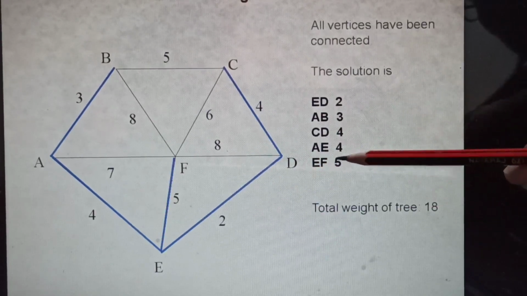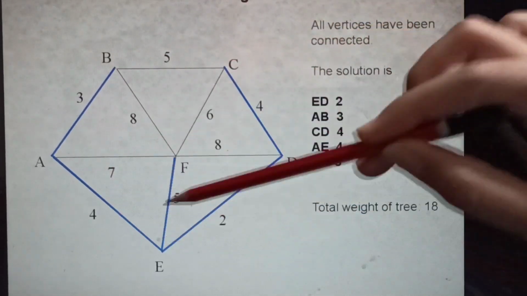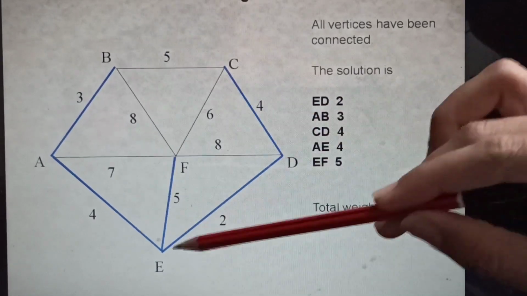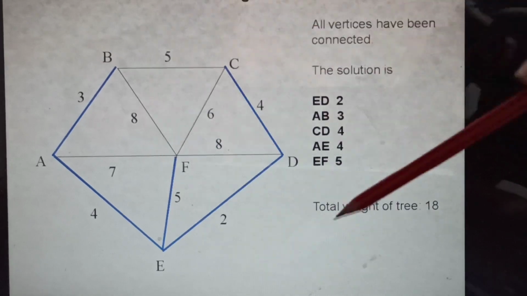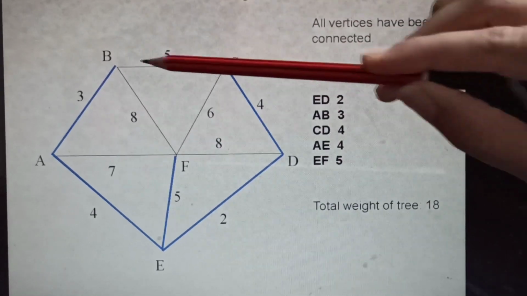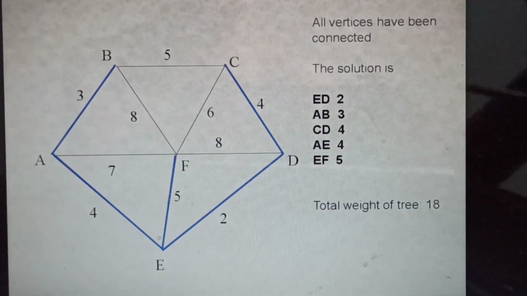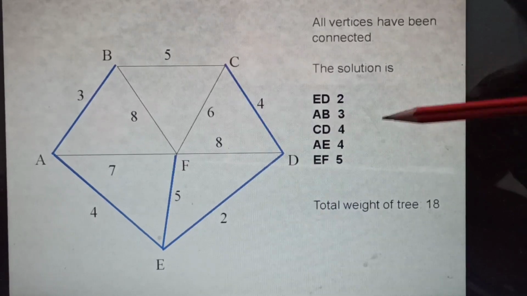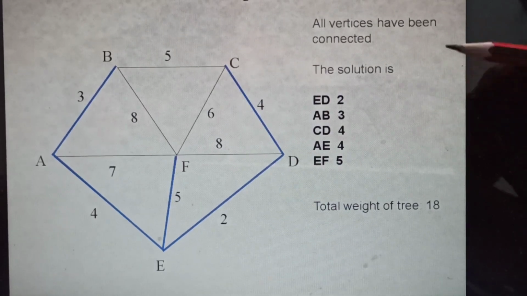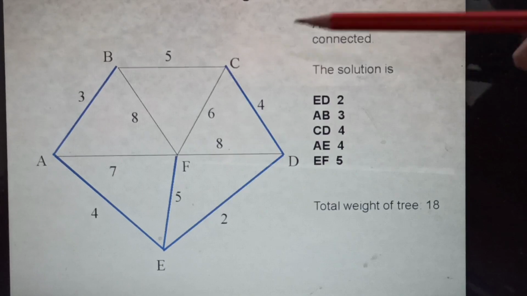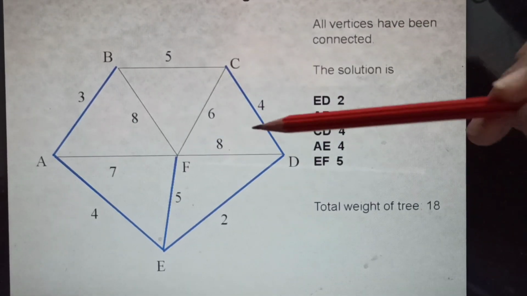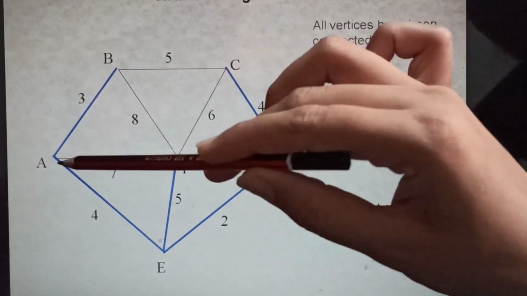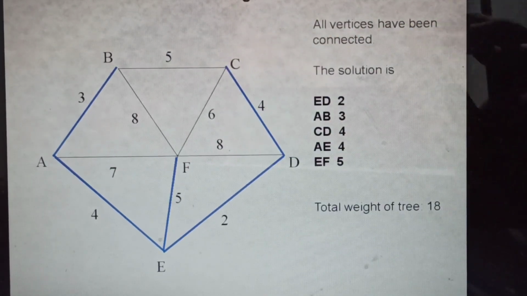If we select AB, AE, ED, CD and EF, then all vertices are covered. There is no need to select any next edge, because if I select this edge, or this edge, it is going to form a cycle.